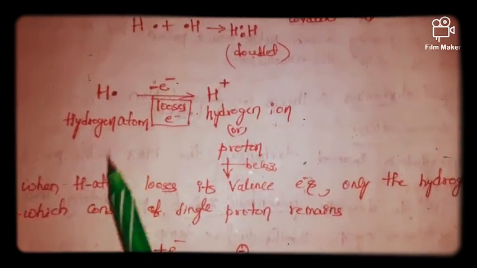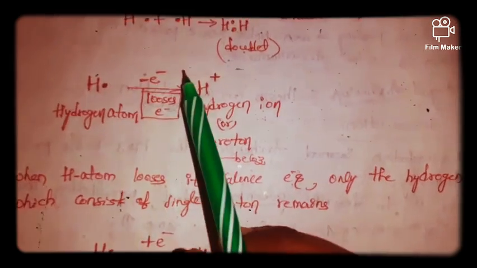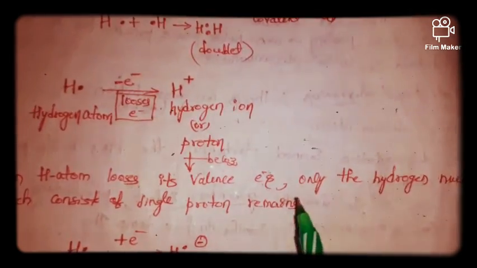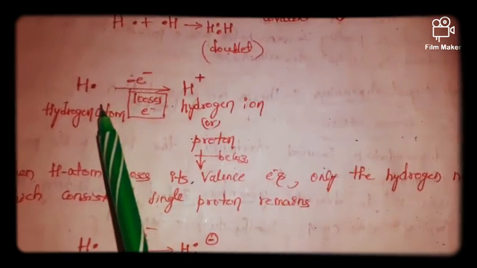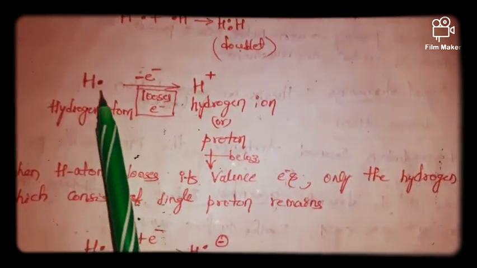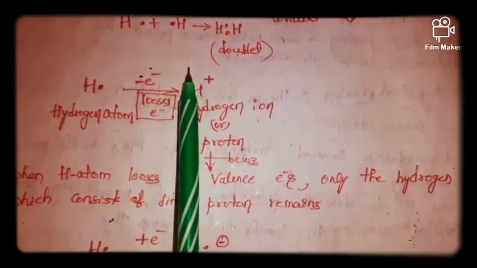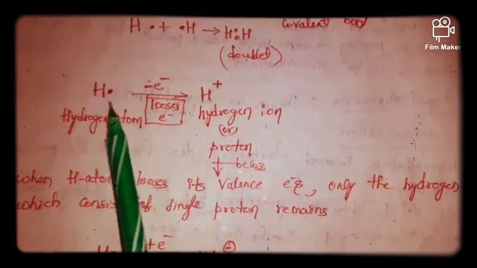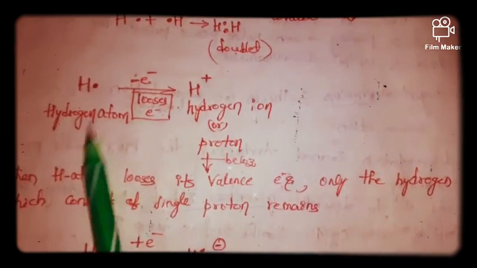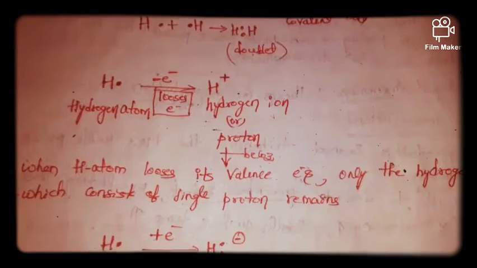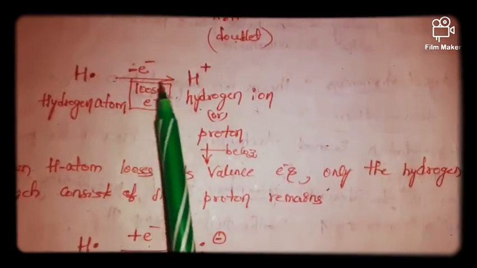Whenever the hydrogen atom loses its valency electron, only the hydrogen nucleus remains, so only the proton is present within the nucleus, and we can call it a proton. Next, here we removed the electron.